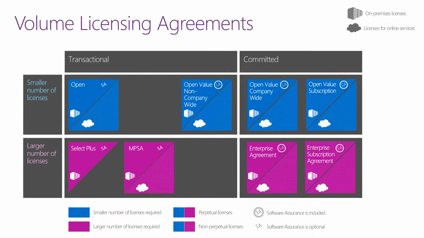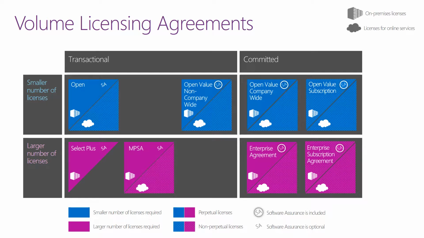So let's begin with seeing how the Enterprise Agreement fits in with Microsoft's other volume licensing agreements. I'm sure you're familiar with this slide. I find it really useful. You can see the Enterprise Agreement in the bottom right hand corner, and we can see that there are actually two types of Enterprise Agreement, one of which has the word subscription in it. We'll come to the differences between them shortly, but for the moment, let's consider where the Enterprise Agreements are placed in this diagram.